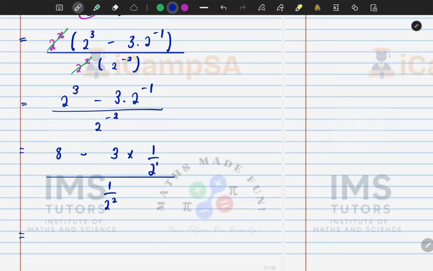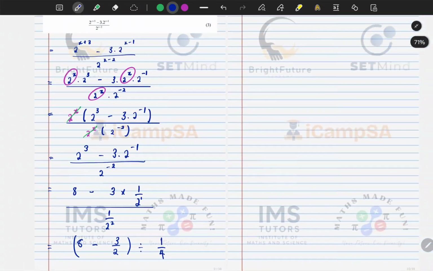And then from here we have 8 minus 3 over 2, which is all going to be divided by 1 over 4.